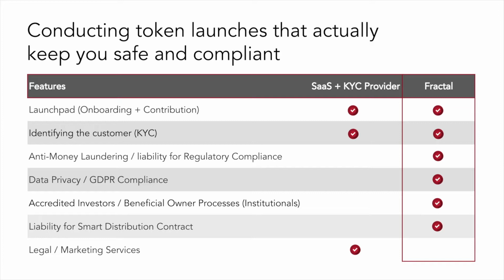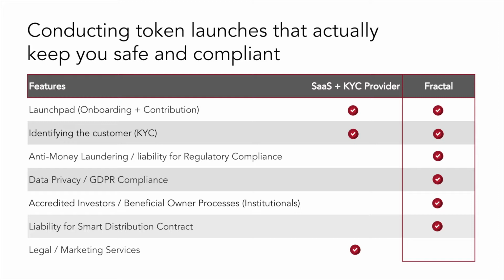So when we speak with people that want to launch their token, we ask them, hey, what's your plan? And they say, yeah, we do have a KYC provider. But then we ask, and what the KYC provider usually only provides is the service of identifying the document or the person in the document.